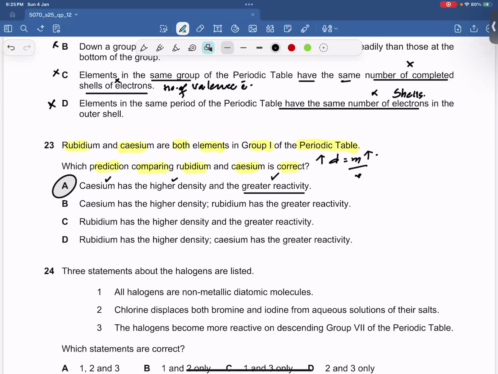But let's talk about other options. Cesium has a higher density. That's true, because the relative atomic mass of cesium down the group increases, so density increases. Rubidium has a greater reactivity. No, rubidium has a lower reactivity, because down the group reactivity also increases.